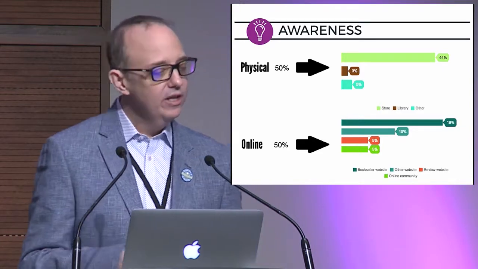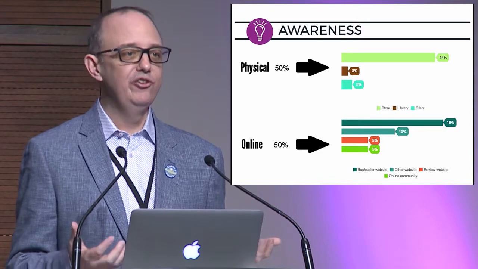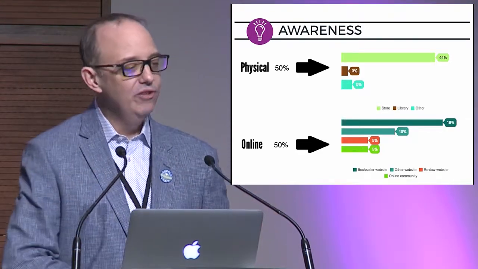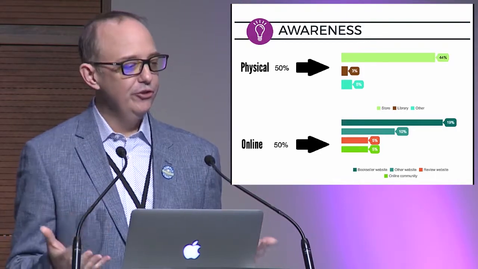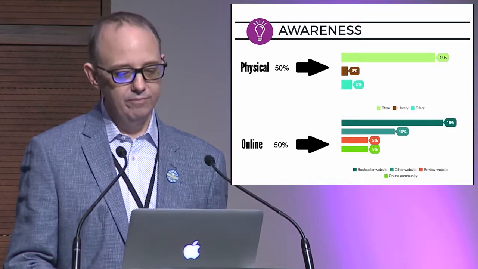And that's what that means. And then online awareness is dominated by bookseller websites. That shouldn't come as a big surprise. People go to Amazon and Kobo and Indigo and browse around on the website and find stuff. And then other websites are searches, and then review websites are things like Goodreads, and then online communities.